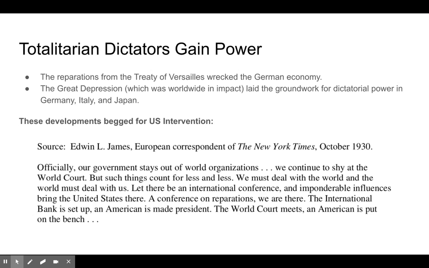However, while America is withdrawing, many other nations are getting leadership that is more aggressive, more expansionist, and more dictatorial. If you also remember from the Treaty of Versailles, Germany had to pay a huge sum of money in reparation for World War I damages. This wrecks the German economy. And then the Great Depression, which is a worldwide depression, wrecks the global economy.